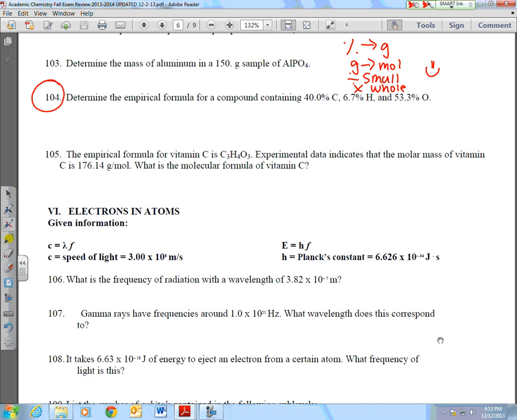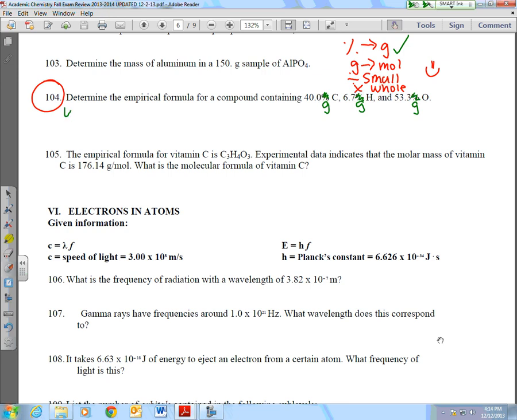All right, so let me show you the steps. And I have a whole tutorial video explaining exactly how to do this. So how do we go from percent to mass? Very easy. You cross out the percent signs and you put G's instead. That's going from percent to mass. Step 1 is done. Then you have to do a one-step dimensional analysis to go from grams to moles.